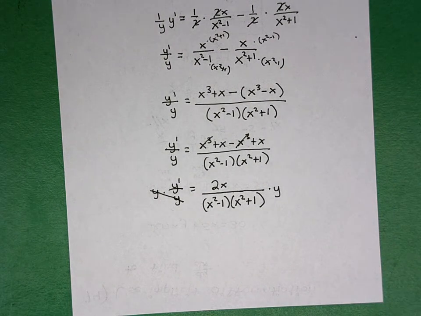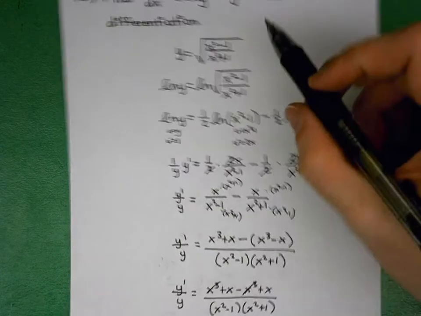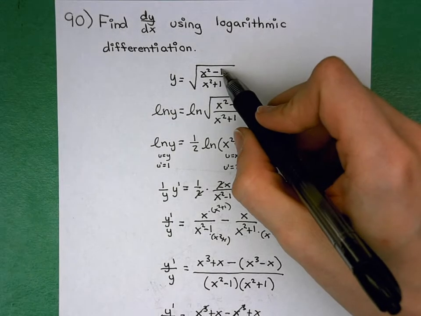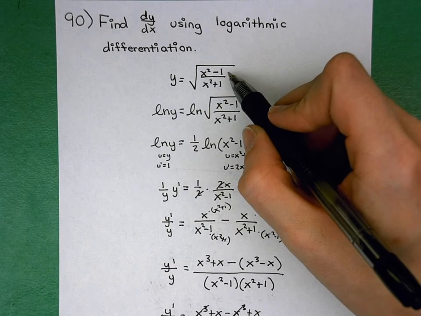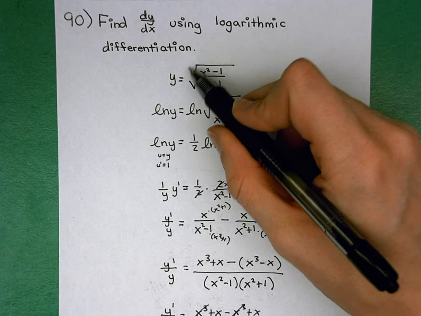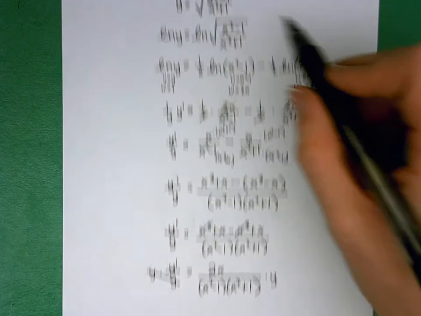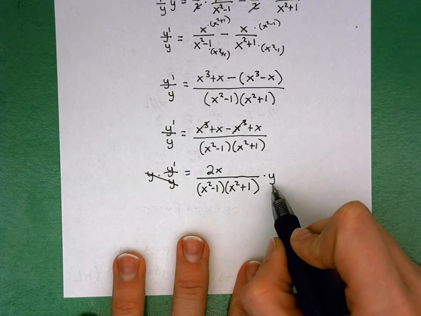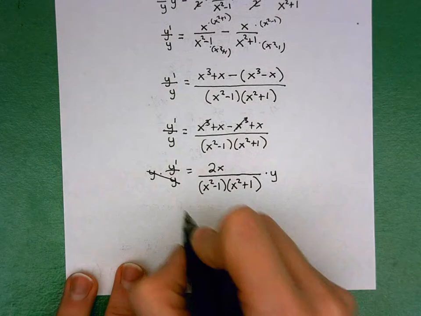And then that 5th step is to substitute in our values for y. We were given up at the beginning, our initial equation was y equals the square root of (x squared minus 1) over (x squared plus 1). And so that square root is what I'm going to substitute in for y. And then I'm going to simplify if possible.